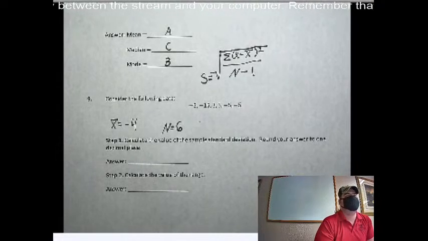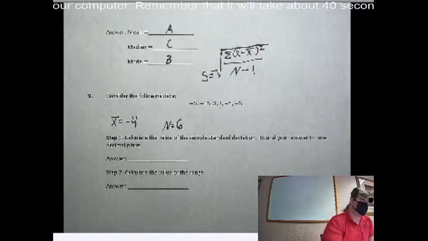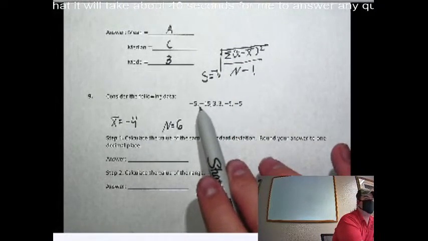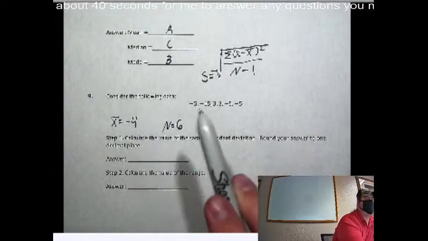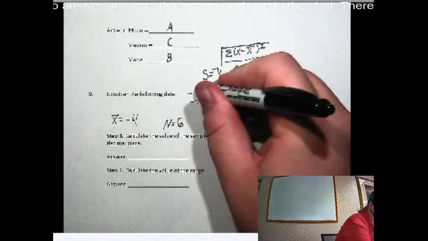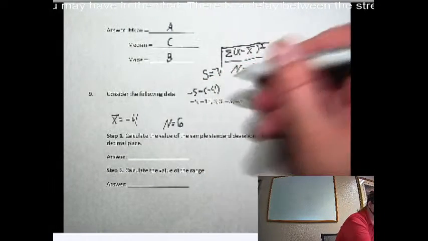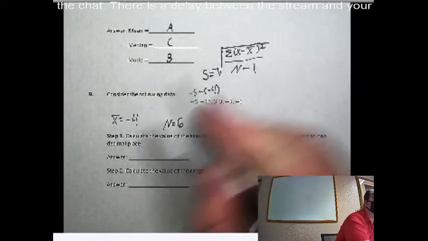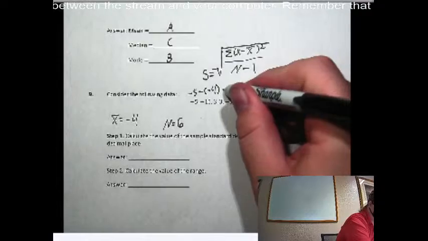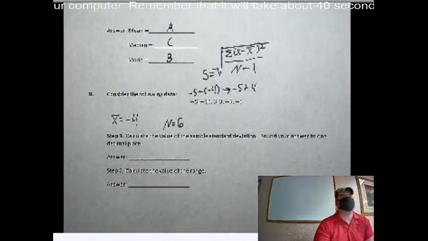So now we got to put this into our formula and see what we get. So the first part of that is to take x minus x bar, so each of these x values, subtract this one. Okay, so like negative 5, that's negative 5 minus negative 4. Again, we're subtracting the x bar, which is negative. So this is really coming out to be something like negative 5 plus 4. So what does that come out to be?